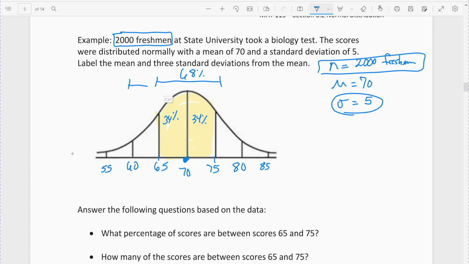All right, going all the way out here, that's our 95%, which means half of it would be 47 and a half, so half over here would be 47 and a half.